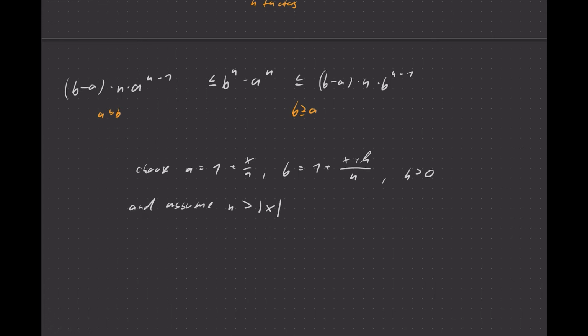Because if that is the case, then this factor here is smaller than 1 in absolute value, or greater than minus 1 if x is negative, and that means a is still non-negative, and the same is true for b because we assume h to be positive.